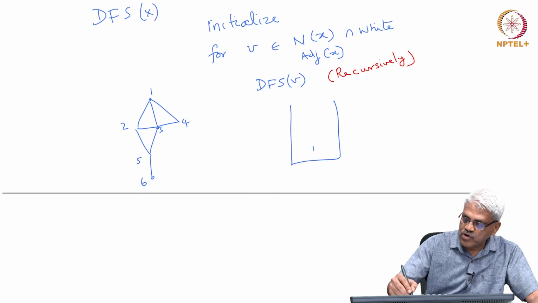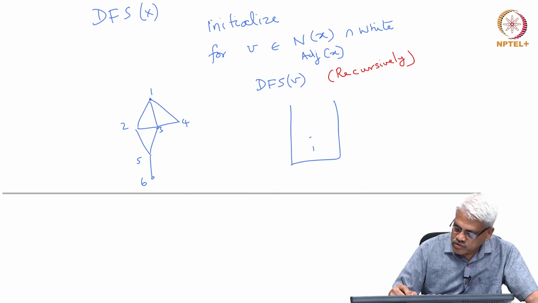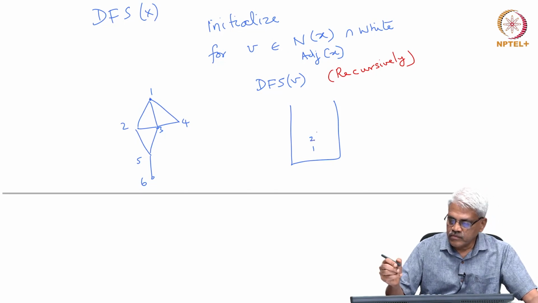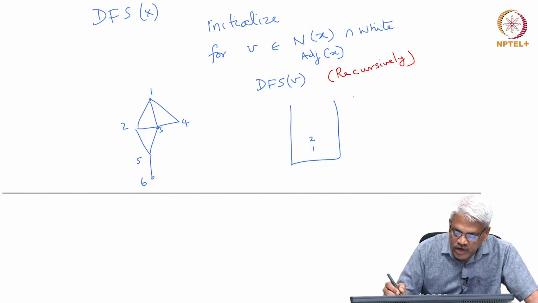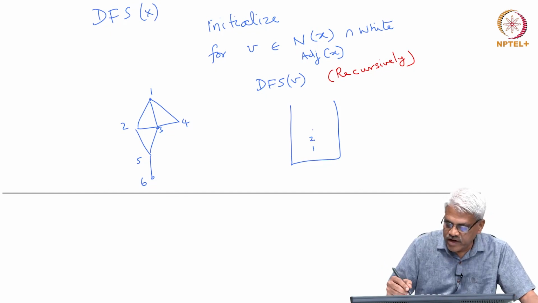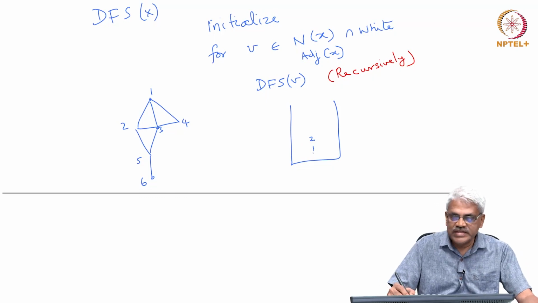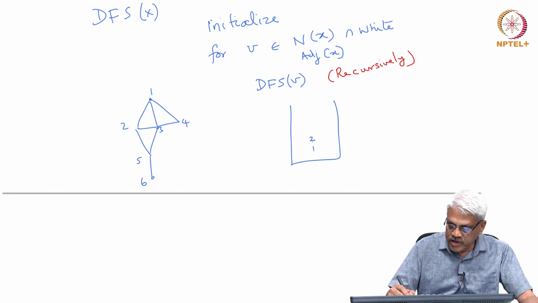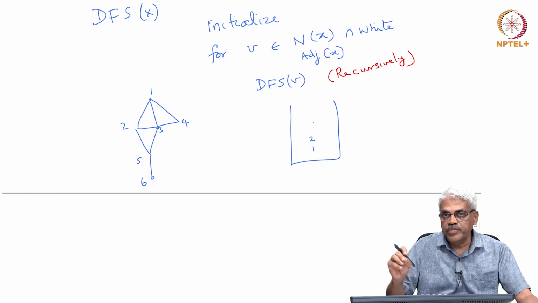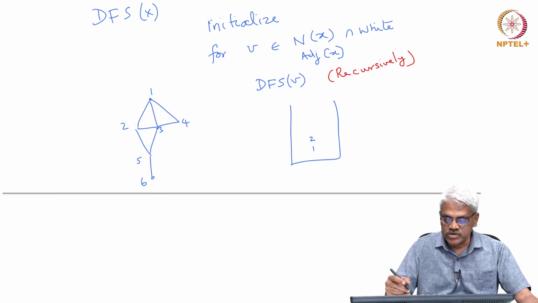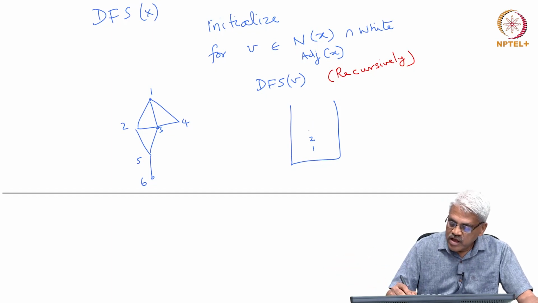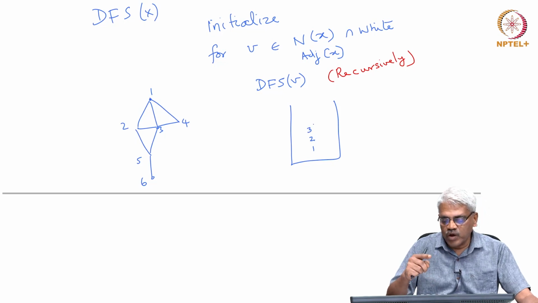In the for loop, it just goes there, and the first neighbor would be 2, and then I start exploring 2 before I even add other neighbors of 1. Okay. So, whenever I put it in the stack, it gets gray color. Then I put in 2, I am not even popping it out, I will pop it out only after exploring all its neighbors. So, I immediately explore its neighbor 3, because 2 has neighbors 3, 5 and 1, but 1 is gray. So, 3 and 5 are the white neighbors.